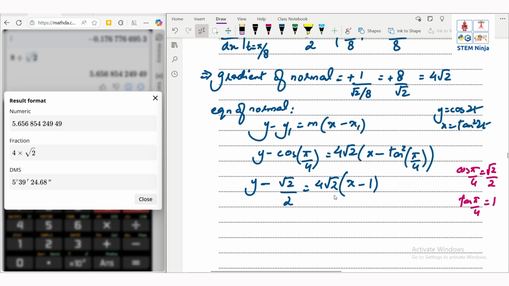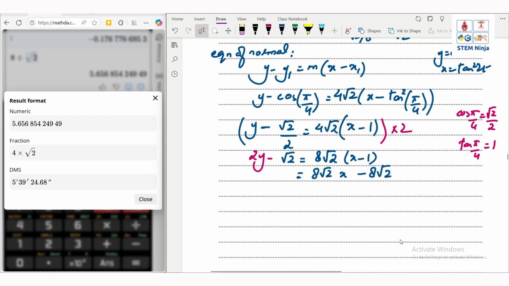So multiplying both sides by 2 gets us 2y minus square root 2 equals 8 square root 2 times x minus 1, which is 8 square root 2 x minus 8 square root 2, plus root 2 equals 2y.